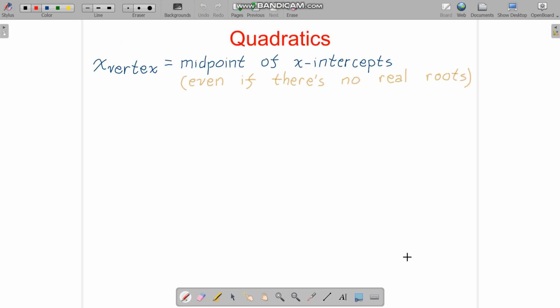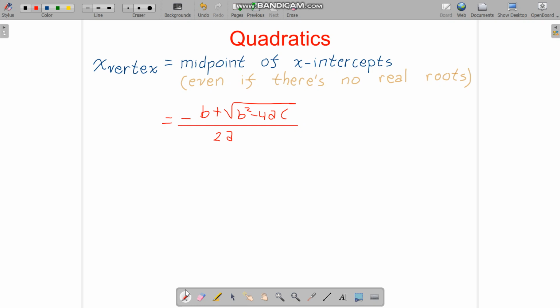Okay, well, for the x value of the vertex, it's just the midpoint of the x-intercepts. Even if there's no real roots, we can use this shortcut formula. So it's minus b plus square root b squared minus 4ac all over 2a.